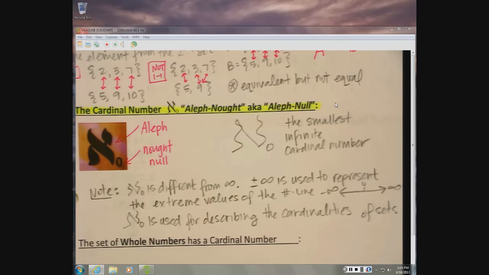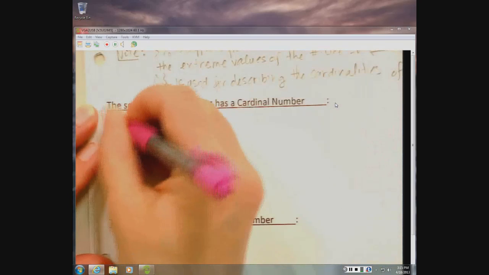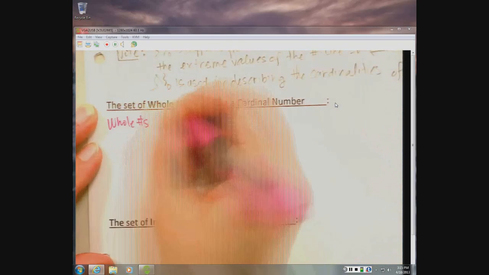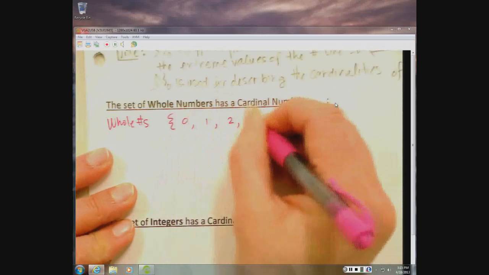So let's start talking about how we go about counting sets. And we're going to start with the set of whole numbers. The set of whole numbers begins with 0, 1, 2, 3, and so on.